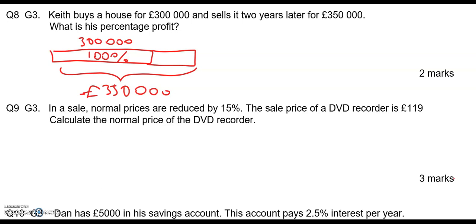Now, what is the profit? We can see that the profit is this extension here, the extra amount, and that is 50,000, which is the difference between 350,000 and £300,000.